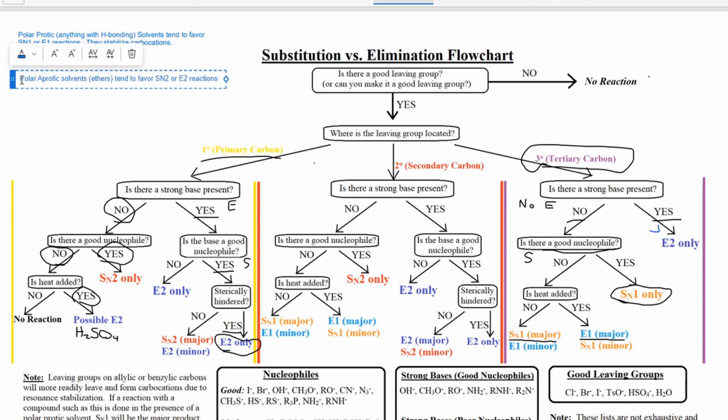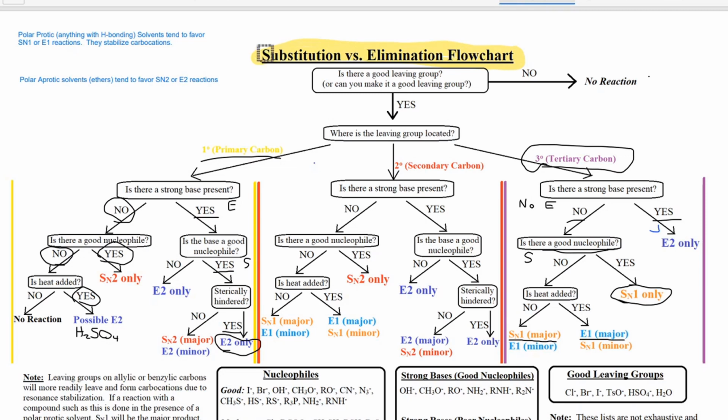reactions. Now, it's not an absolute thing, and in most cases, this substitution versus elimination flowchart will be a much better guide for you. But it's sometimes useful to know the polar protic versus polar aprotic, especially when you're talking about secondary carbocations. For primary and tertiary, it's pretty set in stone. Secondary is the one that's flexible.